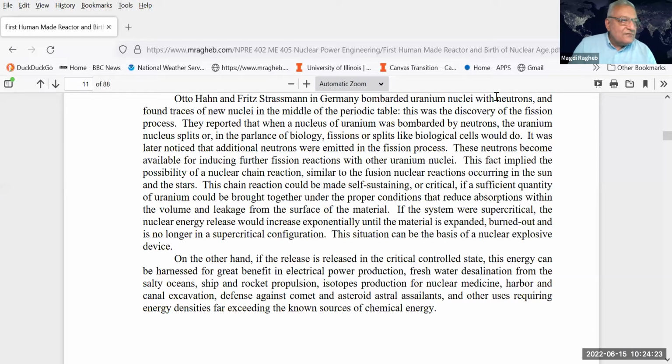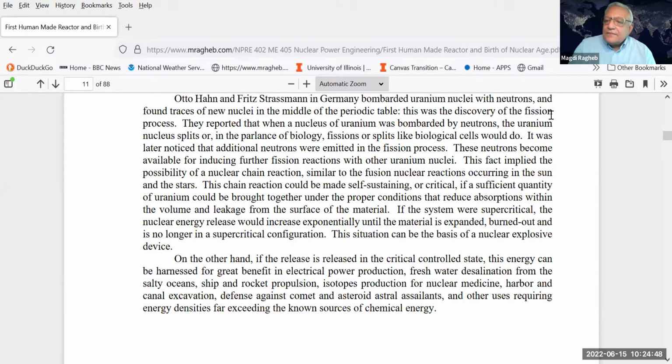And then they discovered in the products of the bombardment elements that are in the middle of the periodic table, like barium. They couldn't explain it, but they had one of their students that also had left Germany sensing the winds of war, and that was a young lady, Lise Meitner, at the time.